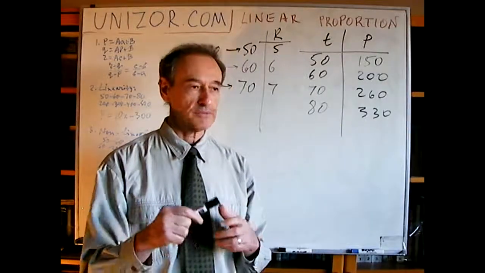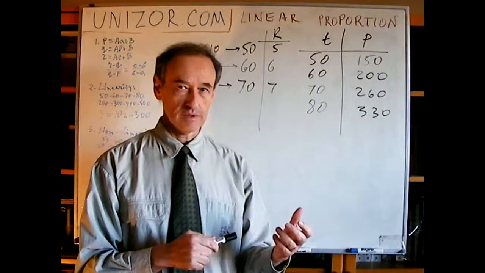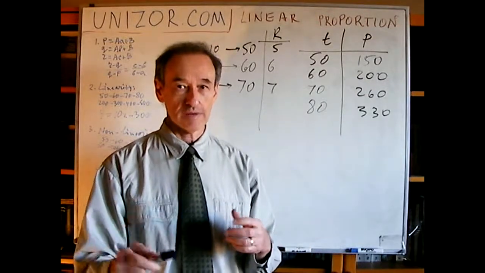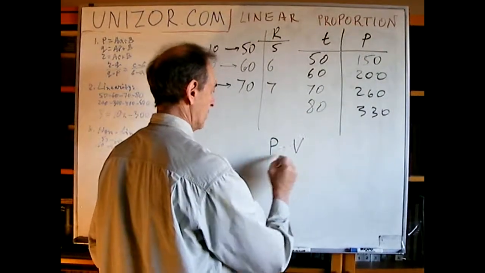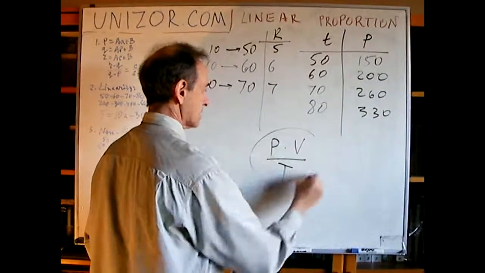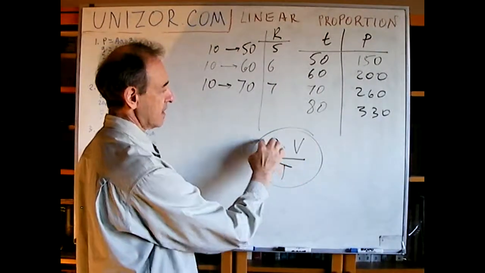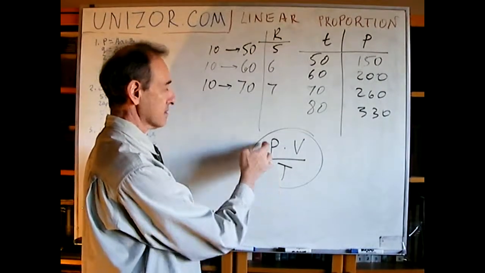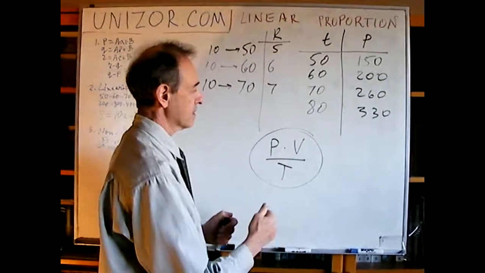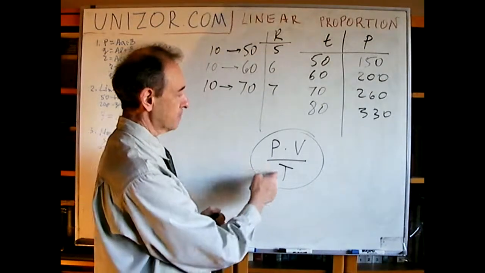So if you have all three variables changing, the pressure, the temperature, and the volume, there is a law that this is constant. So if V is constant, then P is proportional to T. Because if P over T is a constant, then that's basically what it means. That the P is a linear function of T.